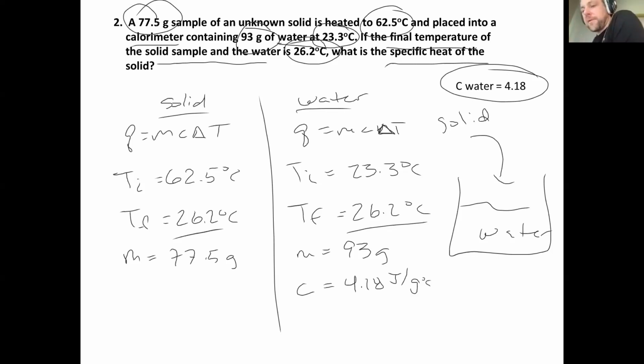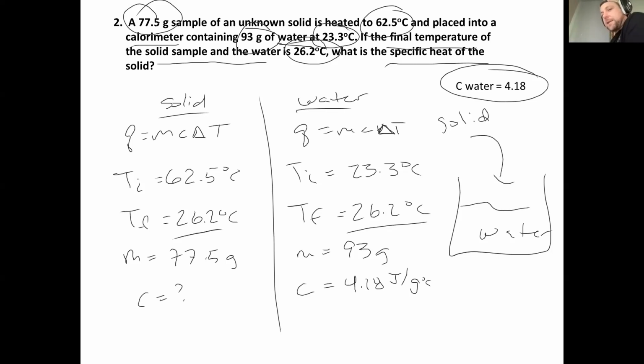Before I've given 4.2, which is a rounded number, 4.18 is a little bit more specific to 3 significant figures. So we have all this information, and now we just need to organize it. The unknown is the C value of the solid. What is the specific heat?